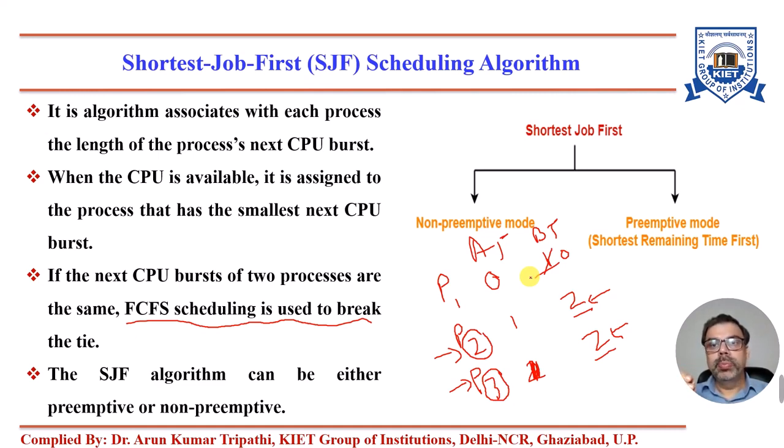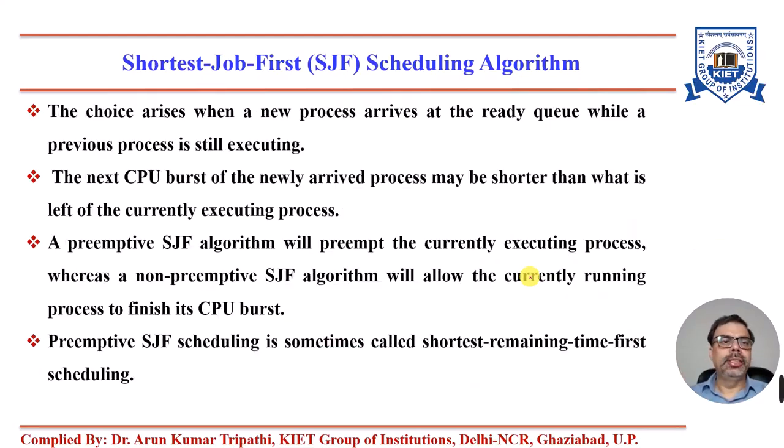So there are two algorithms, preemptive and non-preemptive. The non-preemptive is named SJF, while preemptive is named shortest remaining time first. We will cover these two algorithms with examples in the next slides.